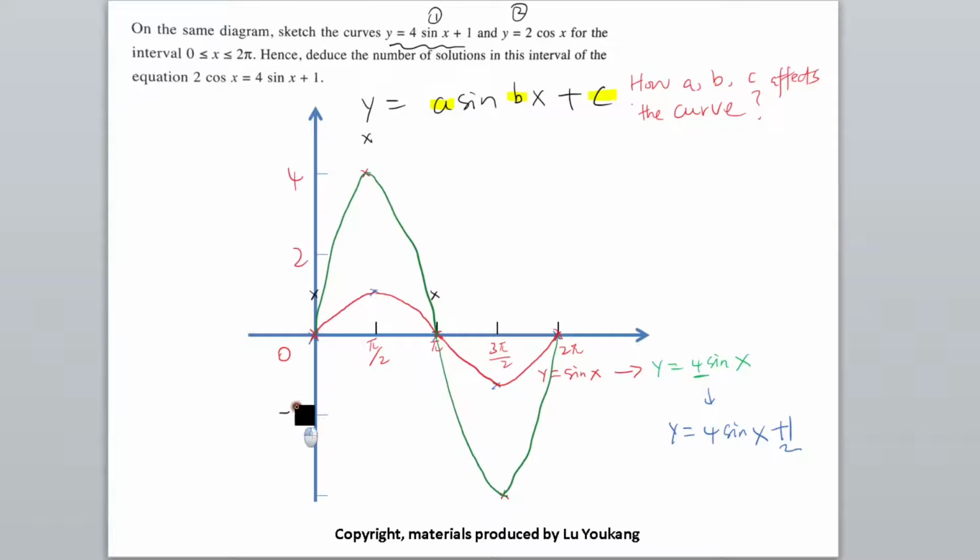By the way, I'm using black color here. So I have finished. My job now is to link up all these points. After linking up all these points, that is the curve we are asked to sketch, and the curve is in black.